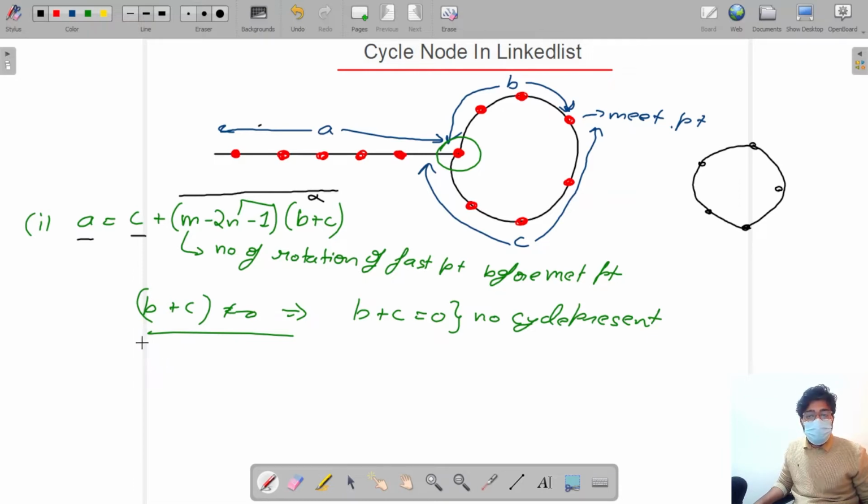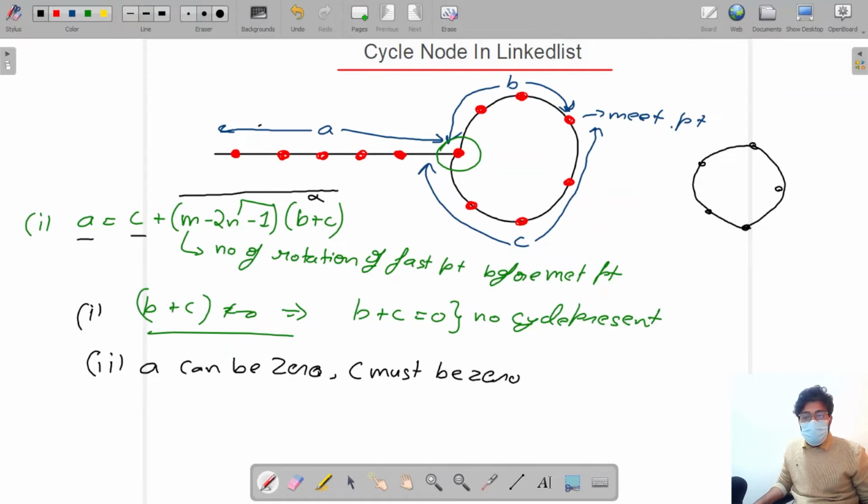So the first point is B plus C cannot be 0, the second point is A can be 0. But there's one more fact. If A can be 0, that means C must be 0. So if A is 0, C must be 0. That is simple. Let me tell you why. B plus C cannot be 0, right?